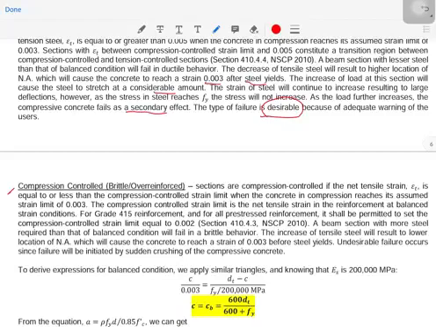For grade 415 reinforcement and for all pre-stressed reinforcement, it shall be permitted to set the compression controlled strain limit equal to 0.002. This is in accordance with NSCP 2010 section 410.3. So a beam section with more steel required than that of balance condition will fail in brittle behavior.